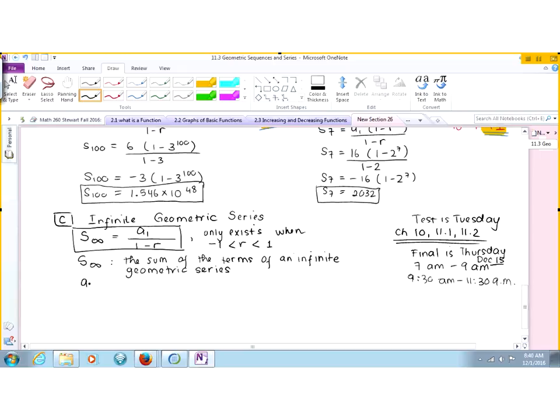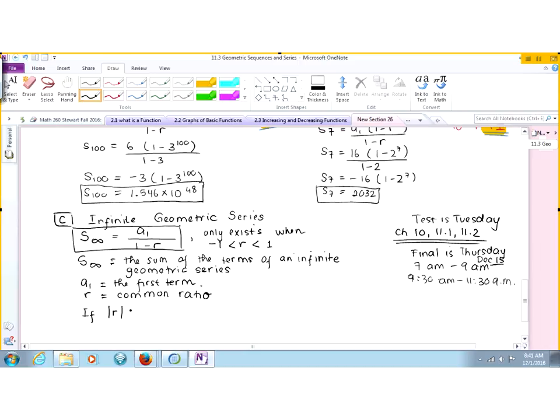Do we know what A1 is? 6? Yes. You're completely right. What is R? Common ratio. Yes. All right. Common ratio. Yes? Okay.